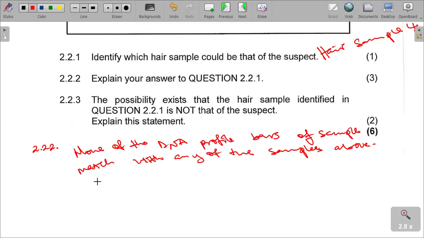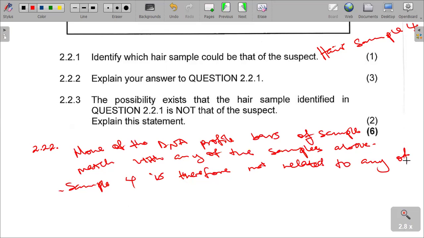Sample 4 is therefore not related to any of the other people there, which we are saying are supposed to be four.